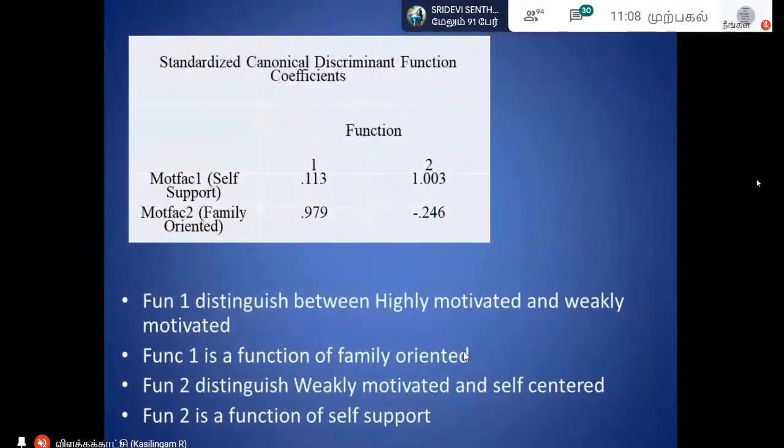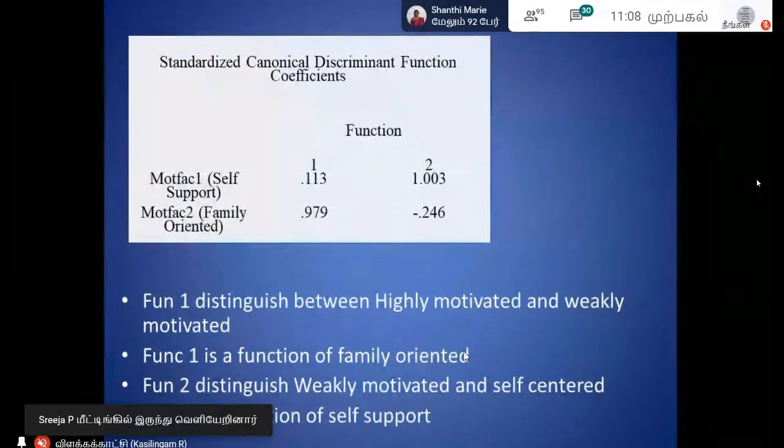Everybody thinks about the family, but first they think about themselves, right? If they are family-oriented, they might have self-support also. That is why they are highly motivated. So people who are family-oriented are highly motivated.